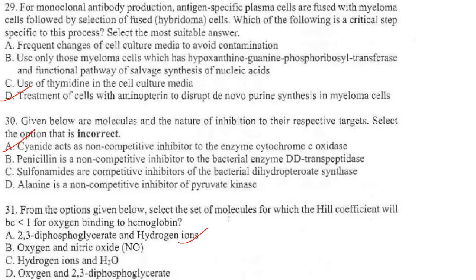Now upon fusion of the plasma cell and myeloma cell, you will get three types of cells. That is unfused myeloma cells, they are HGPRT deficient, unfused plasma cells, they have short lifespan, and fused hybridoma cells. Now how will you select for these?